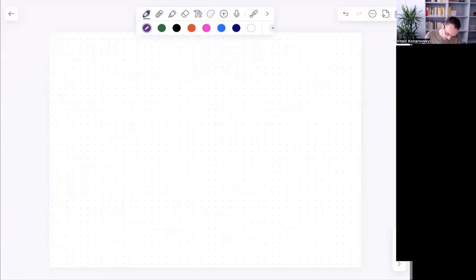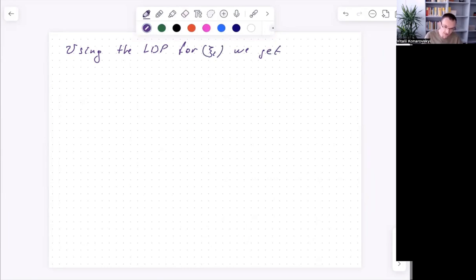First of all, using the large deviation principle for psi epsilon, we get the following: the rate function is less or equal than minus the infimum over y belonging to the ball of radius delta of x of I of y, right?